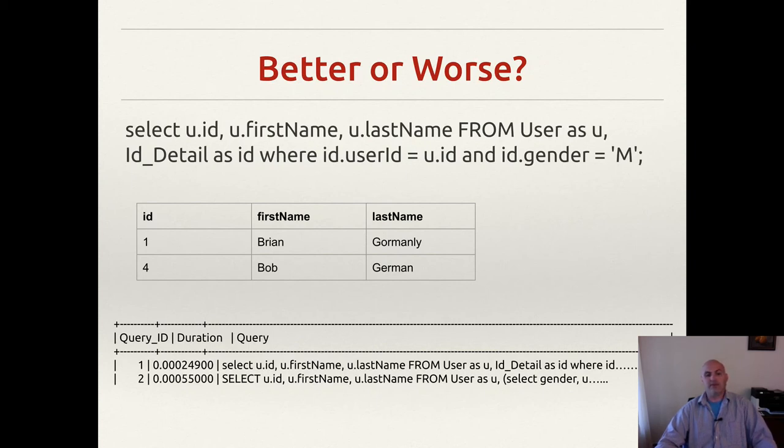You have to know how long these queries take. Querying your database is one of the first places you should look if you're having performance problems with your application, because it's I/O, right? It's technically going to disk, and hopefully it's got some caching and other mechanisms to speed things up. But this is definitely an opportunity to, in this case, double the speed of a particular query just in how we wrote it. The results are the same.